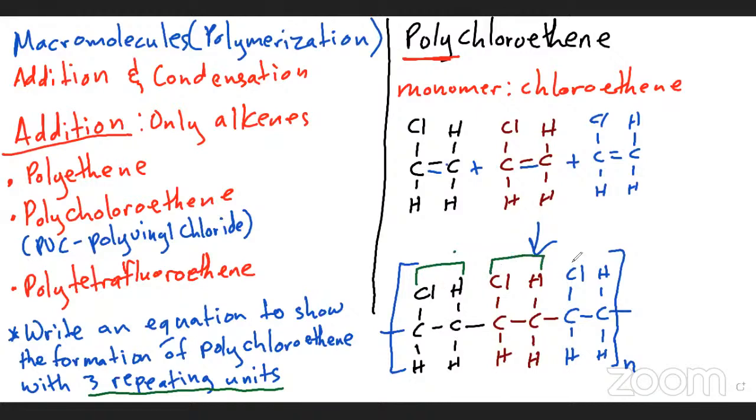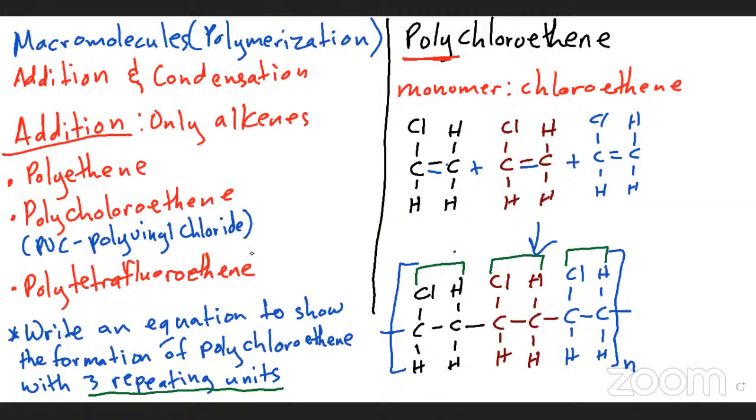So these are your repeating units. If the question asks you to do a representation with 3 repeating units, you will start out with 3 monomers. If it had said 4 repeating units, then you would start out with 4 monomers. So each repeating unit is formed from a monomer. These are your monomers.